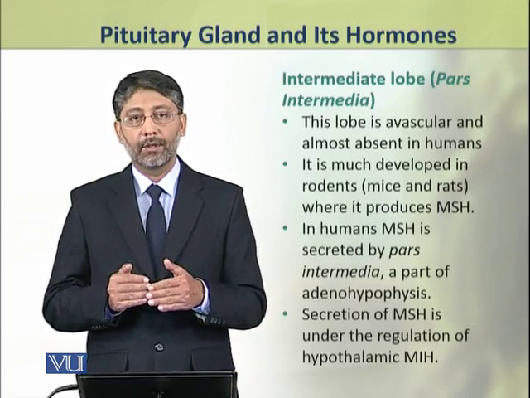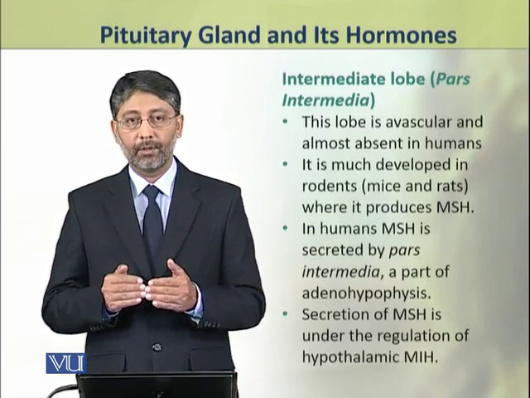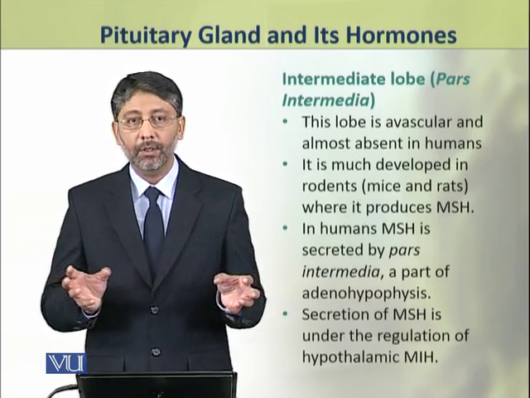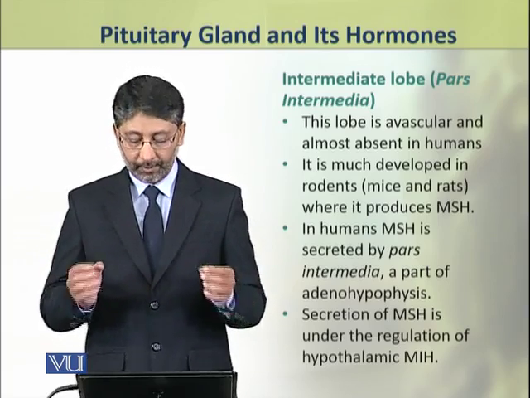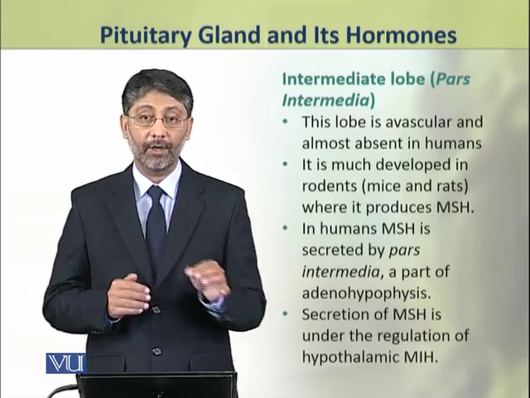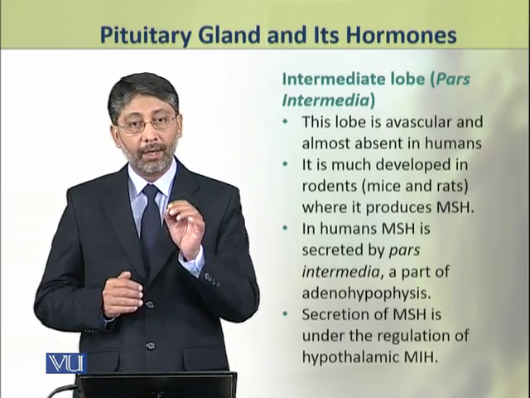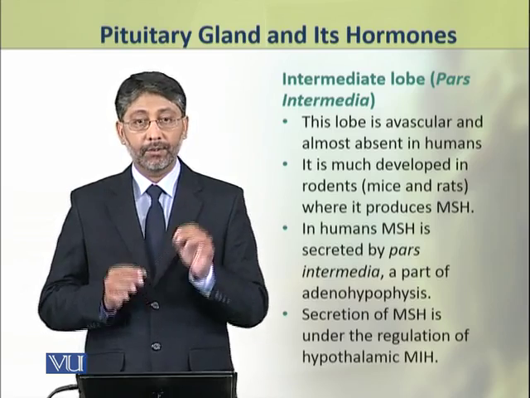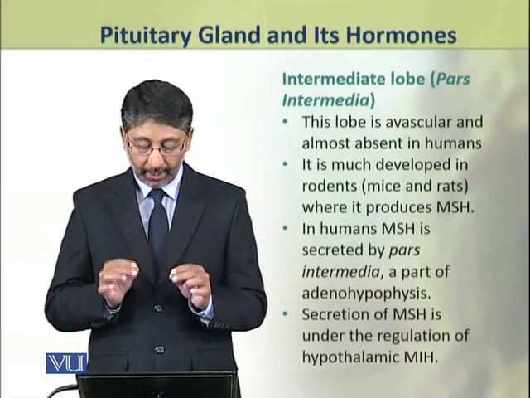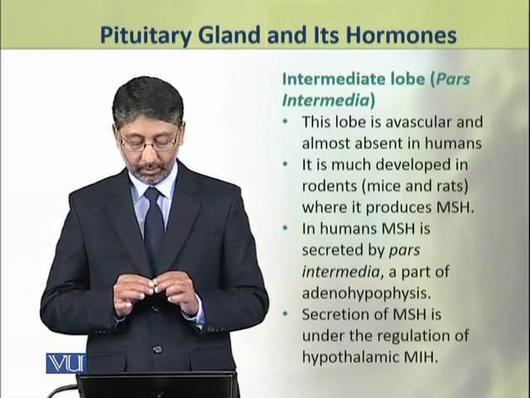Dear students, the intermediate lobe of pituitary is avascular, that is without high blood supply, and is almost absent in humans. However, in rodents and many lower vertebrates, this lobe of pituitary is highly developed and produces the hormone MSH.